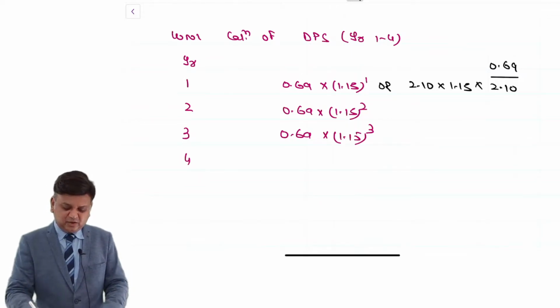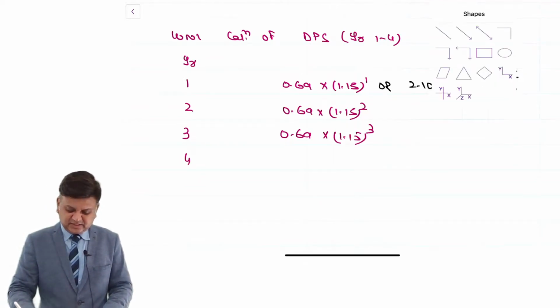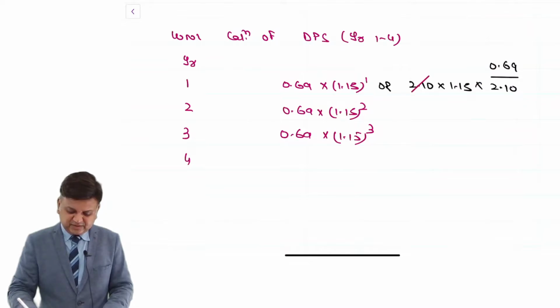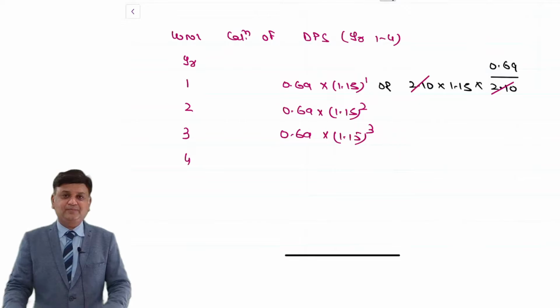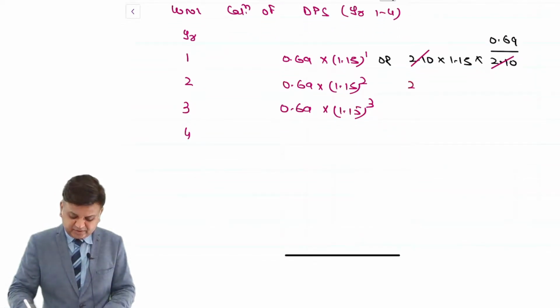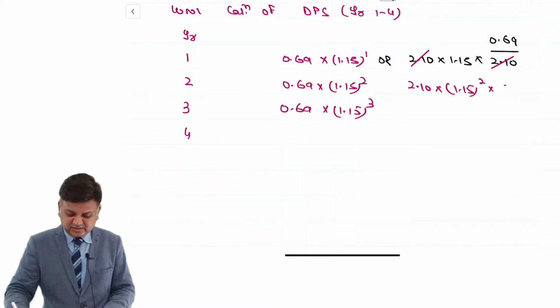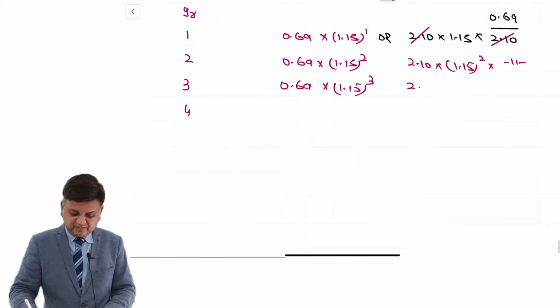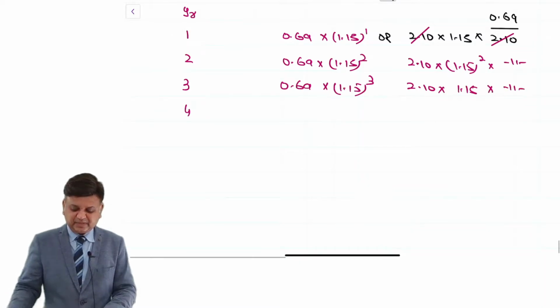So technically all of you must have understood, friends. Nothing great to explain. 2.10 is cancelled over here and 2.10 is cancelled over here. For the second year it is 2.10 into 1.15 raised to 2 into the same, that is this itself. 2.10 into 1.15 into the same, there is no change in it.